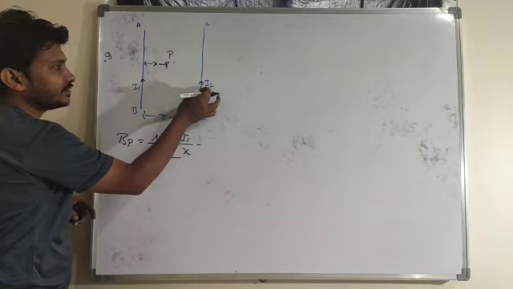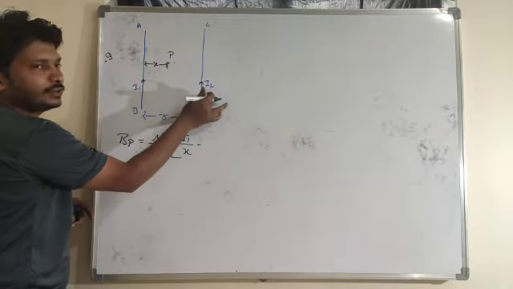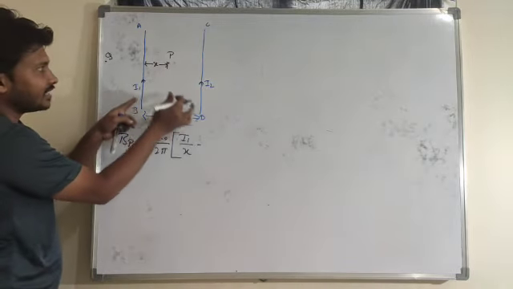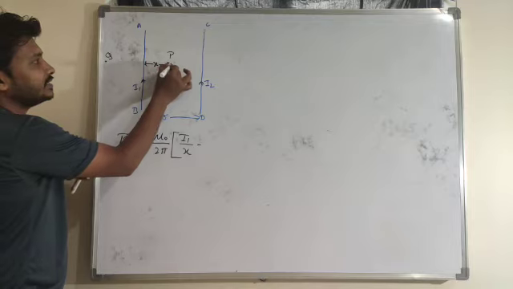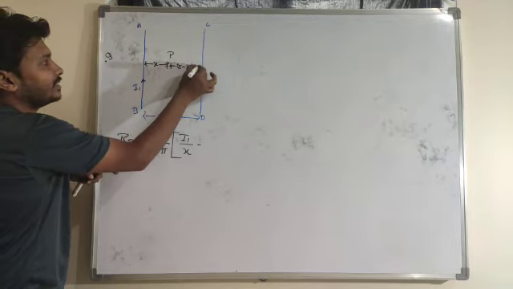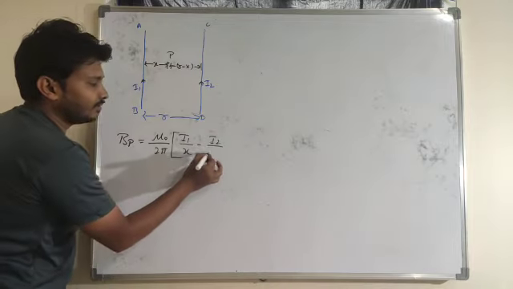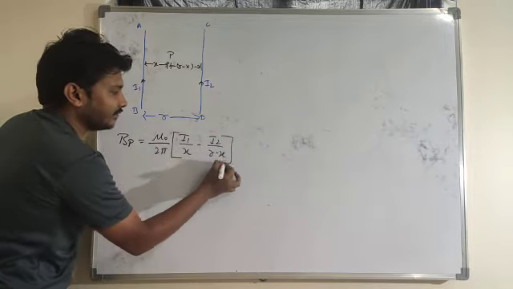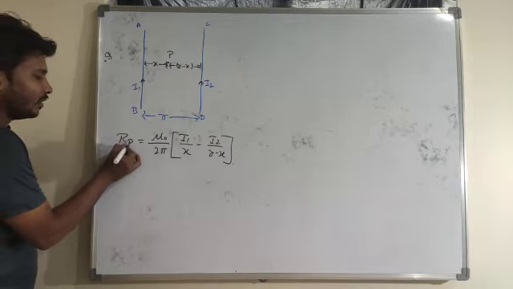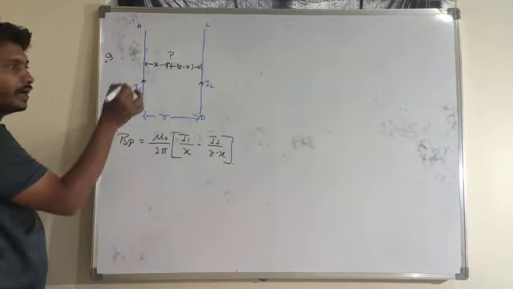What is the distance from the point of observation to the second wire? Total distance is R, this distance is x, so the remaining distance is R minus x. So I2 divided by R minus x. This is the formula to determine the magnetic field at point P.